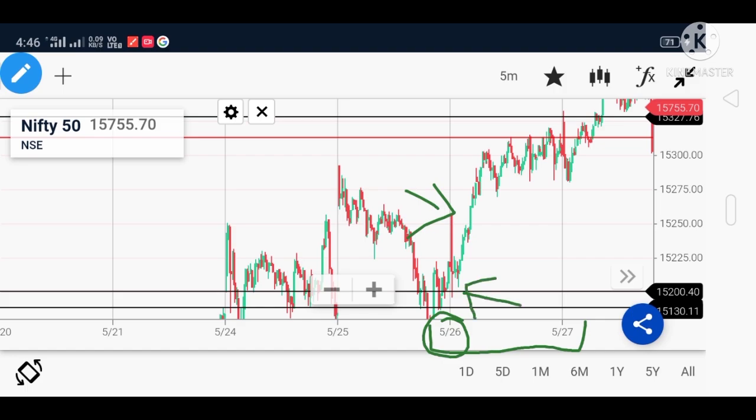The market opened right here, went down, and just after our levels it started to move up. So the levels respected our target, right? Whatever day levels you are drawing, there will be magic, something like this.